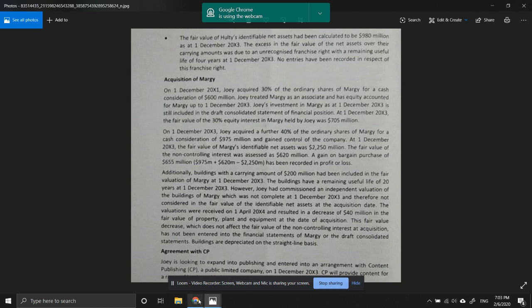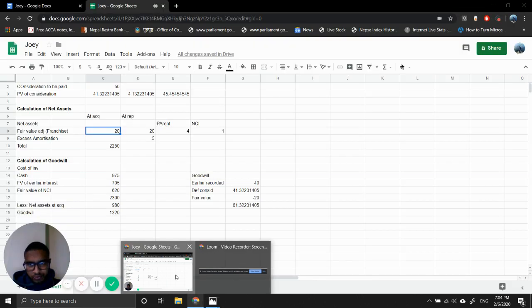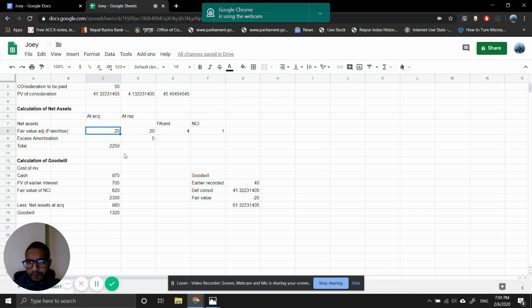Decrease of 40. Minus 40, which is already included within this figure. That means the figure was this minus 200, 2050 was our figure, plus 160.